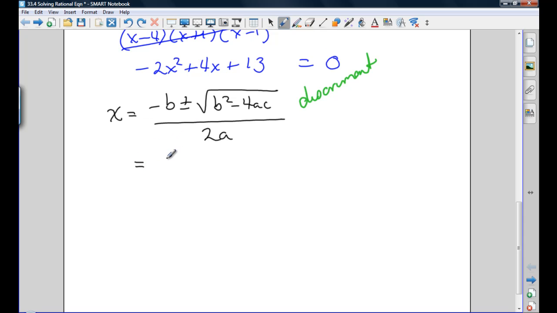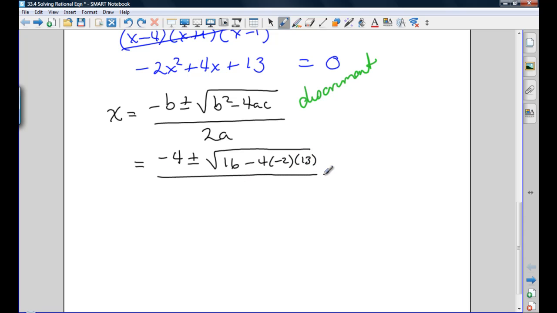But the b value is 4, so I square 4. The a value is negative 2, and the c value is 13. 4 times negative 2.